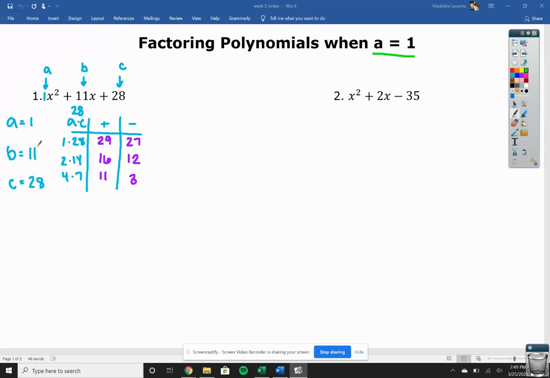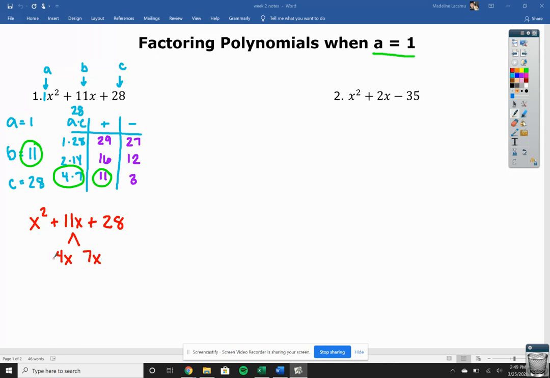Now, if you remember, we're looking for our b value, and we have it right here in our table. So that means we're going to be using this 4 and this 7. So to start off, we're going to do this the long way, which was grouping. So I have x squared plus 11x plus 28, and I break that 11x down into 4x and 7x.